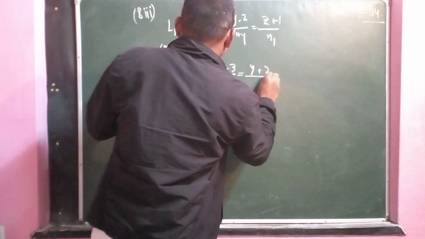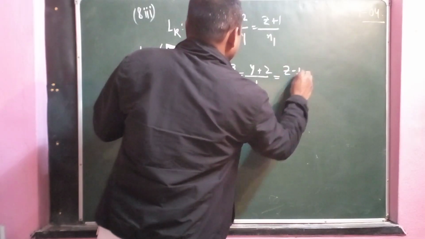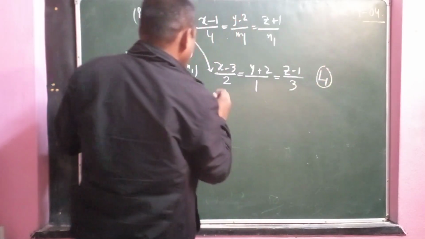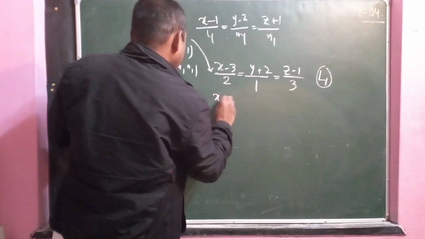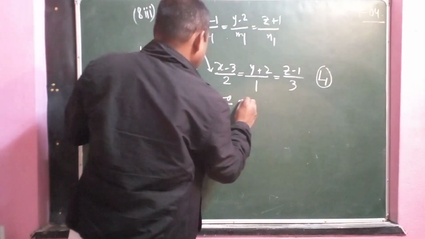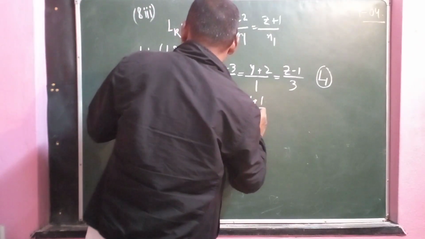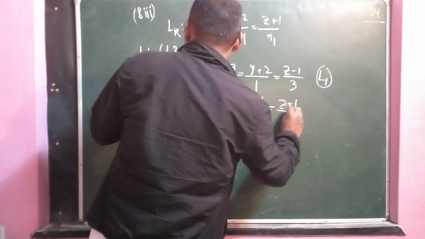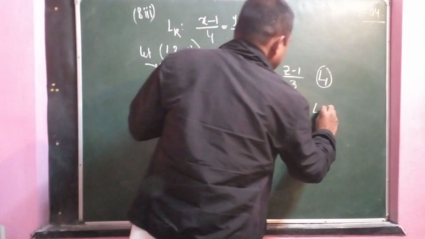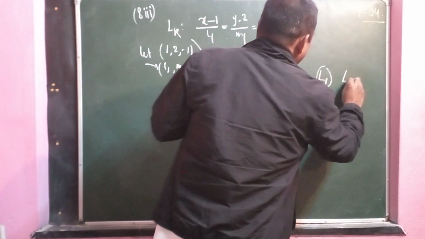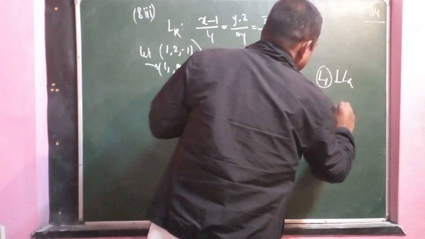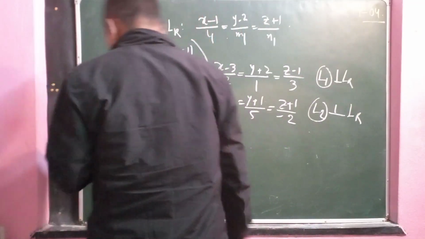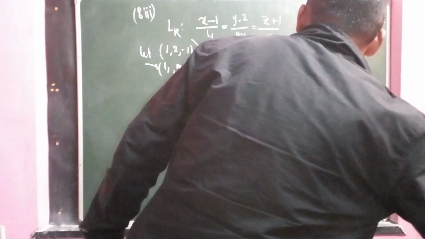One line is (y plus 2) by 1, (z minus 1) by 3. Suppose this is L1. Another straight line is (x minus 0) by 3, (y plus 1) by 5, (z plus 1) by minus 2. Now the required line is perpendicular to this as well as to the other one. So how will you solve?